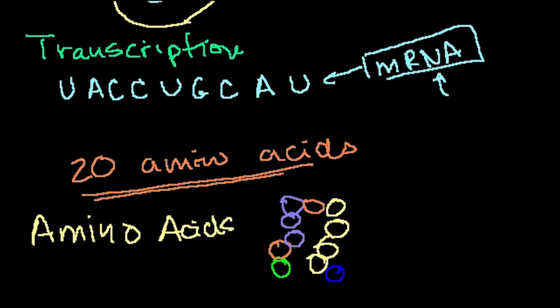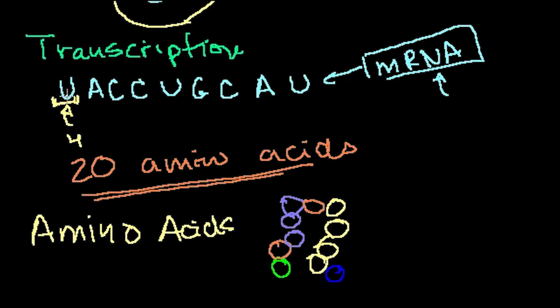I can only have 4 different things in this little bucket right here. And then you just have to go back to your combinatorics, or if you can't go back to it, watch the playlist on probability and combinatorics. You say, okay, there are only 4 different bases that I can have here: either an adenine, a guanine, a cytosine, or, depending on whether we're talking about DNA or RNA, a uracil or a thymine.